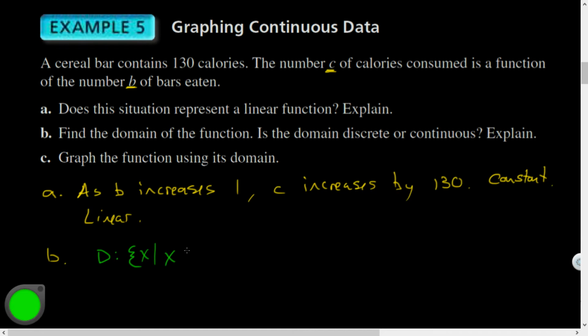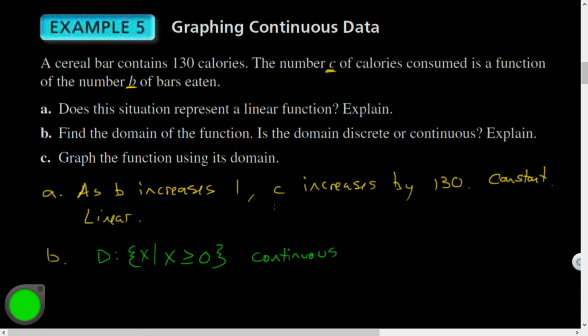So I'm going to say it's the set of all x such that x is greater than or equal to 0. And because this includes fractions and decimals, this will be a continuous situation, right? Because there are situations where maybe I'll eat 1 1/3 cereal bars, and then my kid's looking at me with his sad eyes, and I'm like, fine, you can have the remaining 2/3 cereal bars, right? And then I'd give it to him, maybe.